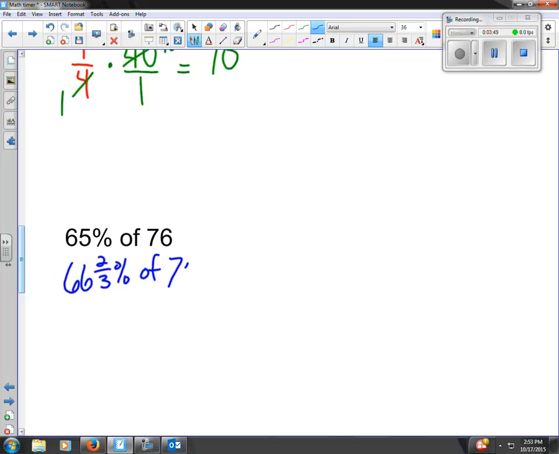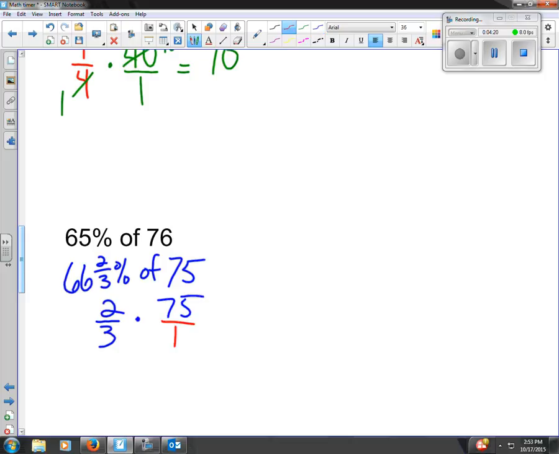So we could say 75. I know that the fraction for 66 and 2/3 is 2/3. Oh, good. There it is. Sorry, I lost my list here for a minute. Okay, and then you times it by 75.